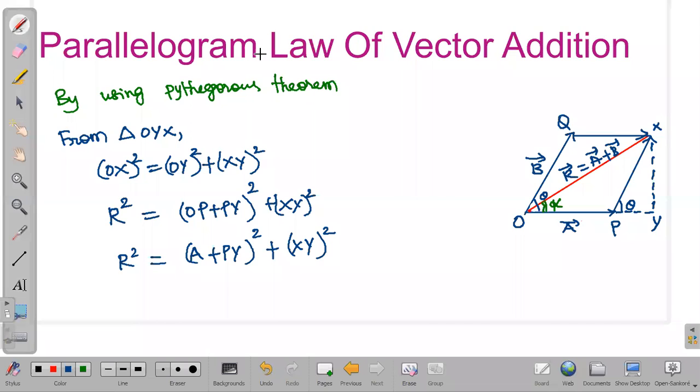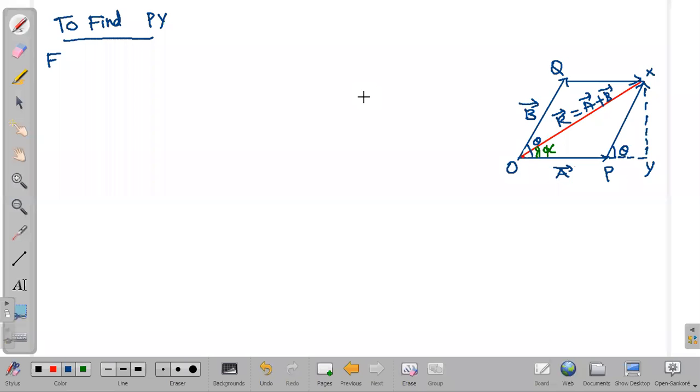Now I will go to the next page. We are going to find the PY value so that we can substitute that PY in the previous equation. I am calculating PY from triangle PYX. Again it is a right angle triangle. If I use one simple trigonometric function, I want the adjacent, with theta beside it.